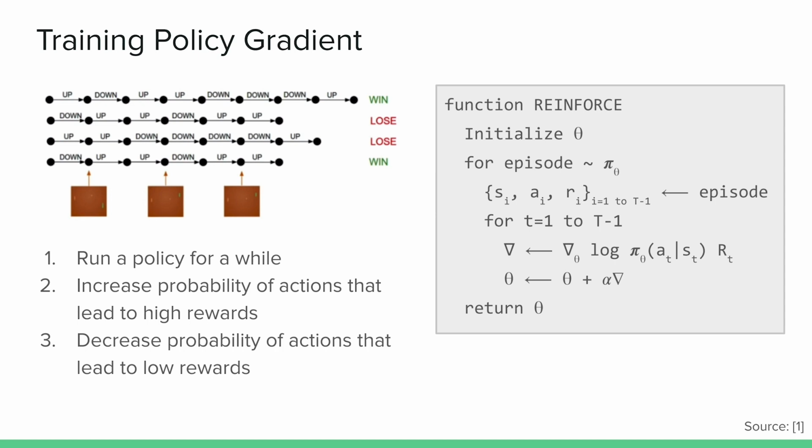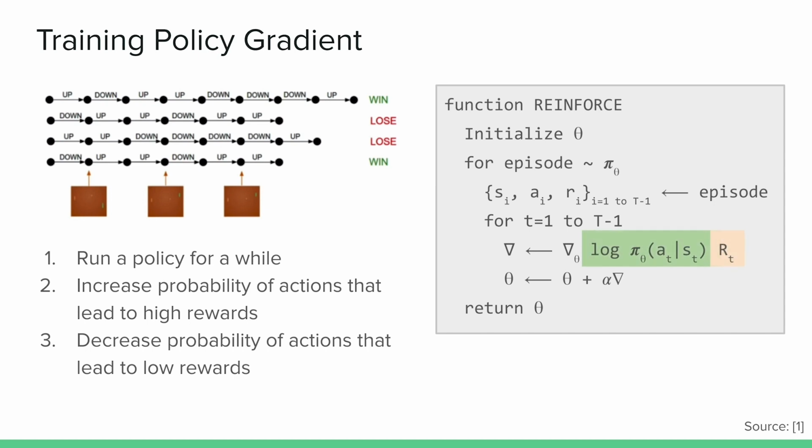Each episode is now a collection of state, action, reward pairs, because we know the states that we passed through, the actions that we've taken and the rewards that we're seeing ultimately. Now we can update the parameters in the following way.